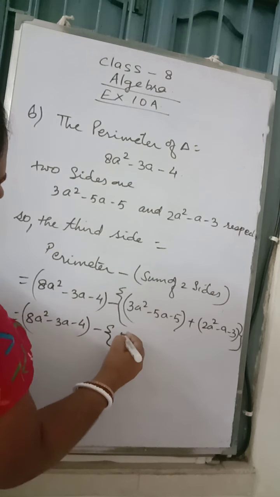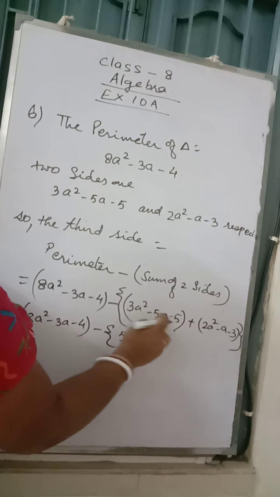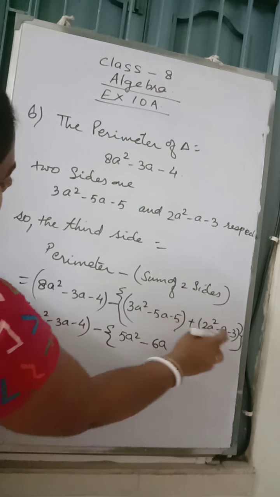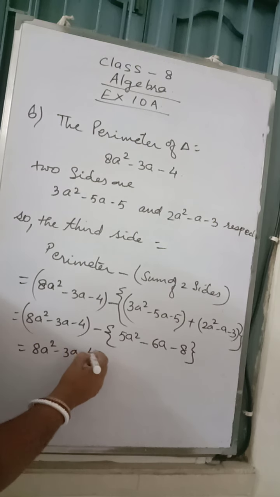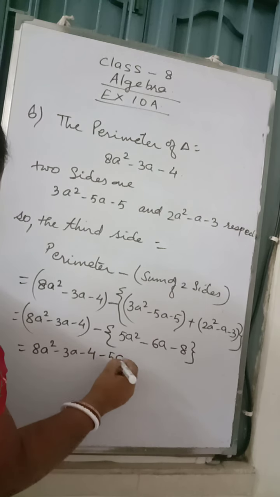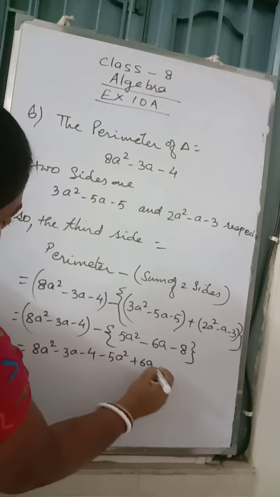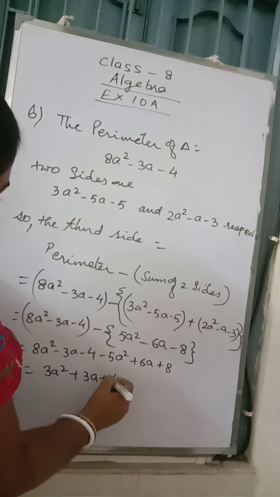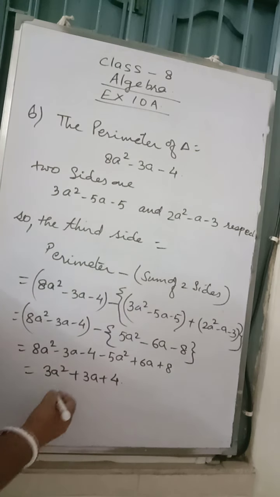It gives you 8a square minus 3a minus 4 minus 5a square plus 6a plus 8. 8a square minus 5a square is 3a square, minus 3a plus 6a is plus 3a, minus 4 plus 8 is plus 4. So this is the third side.